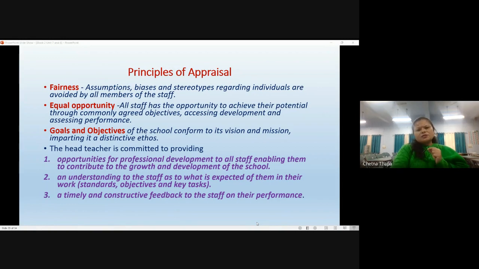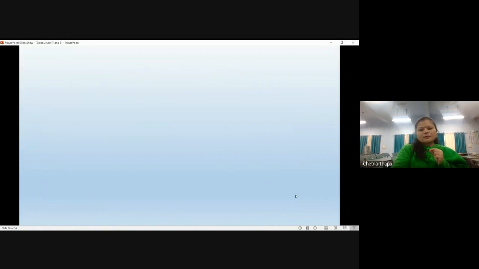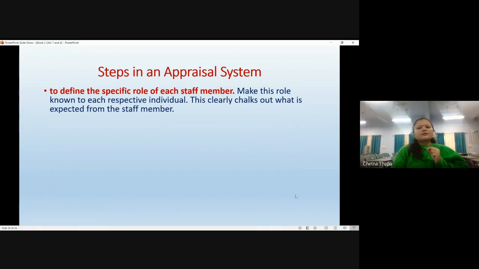Now, the next steps in an appraisal system, we will discuss. We need to define the specific role of each staff member.